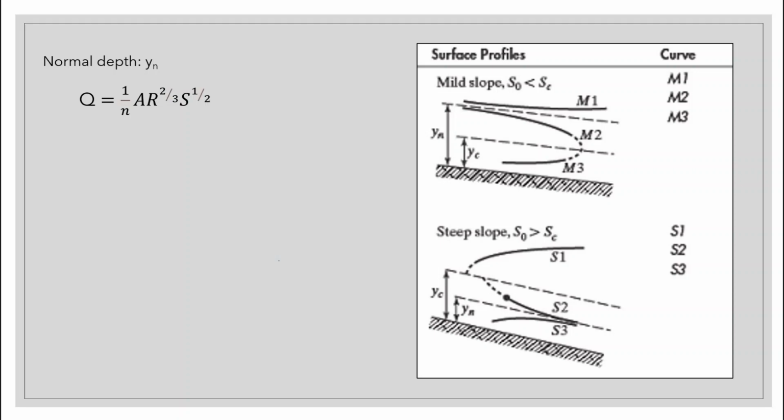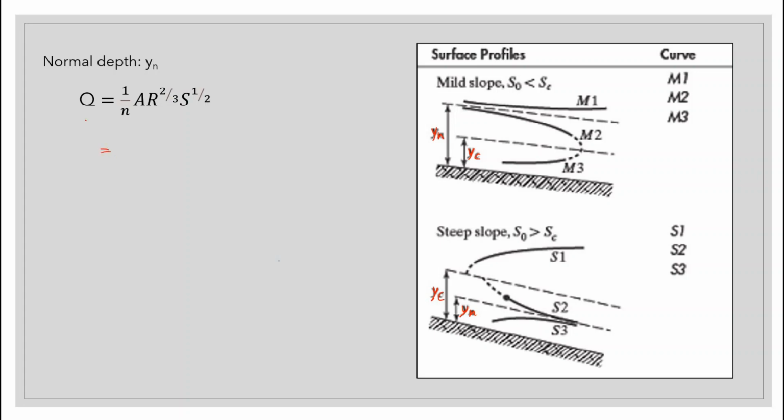For that we calculate the normal depth and critical depth. If normal depth is greater than critical depth, the slope is mild. If the critical depth is greater than normal depth, it is a steep slope. So let us see what type of slope the bottom is.